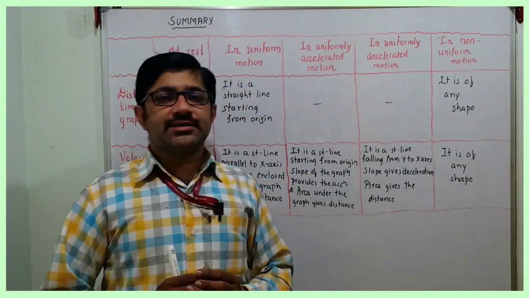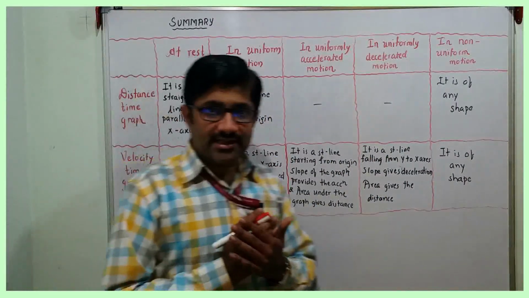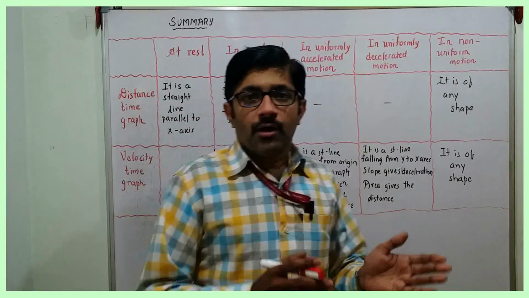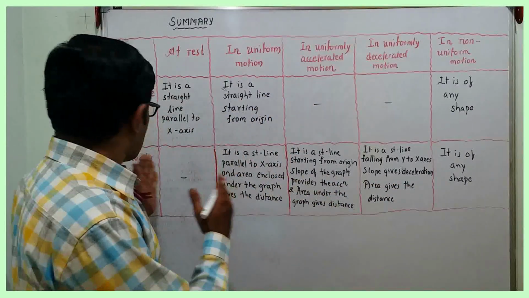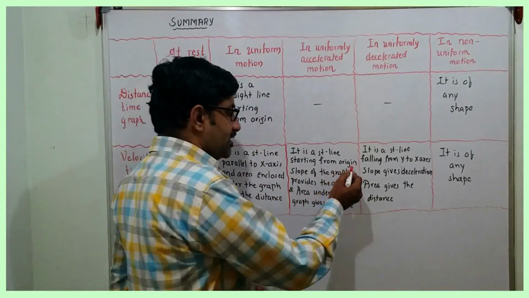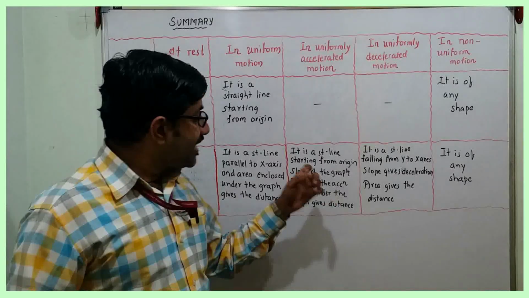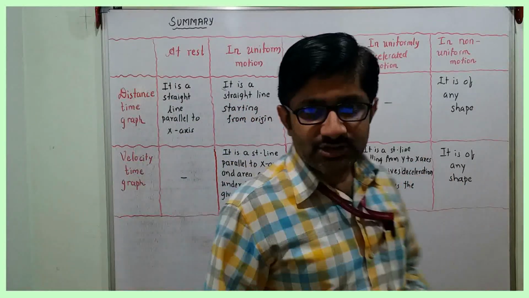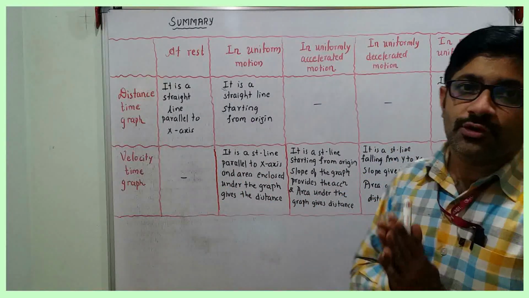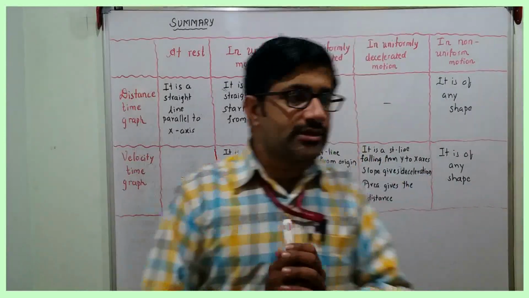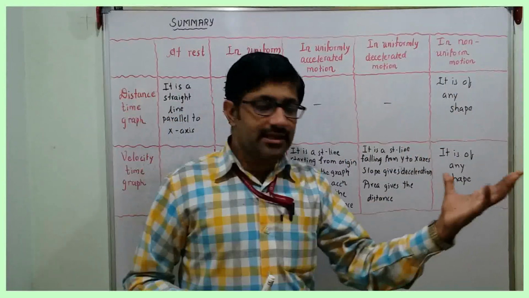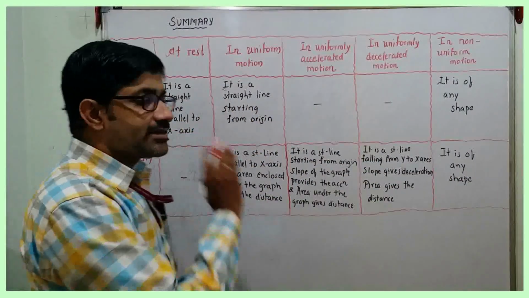When the object is in uniformly accelerated motion, we are not bothering about the distance time graph right now, so we are only considering the velocity time graph. It is a straight line starting from the origin, and the slope, if you draw it, provides the acceleration, and the area enclosed under the velocity time graph gives you the distance traveled by the object. Similarly, when the object is in uniformly decelerated motion, again we are not considering the distance time graph.